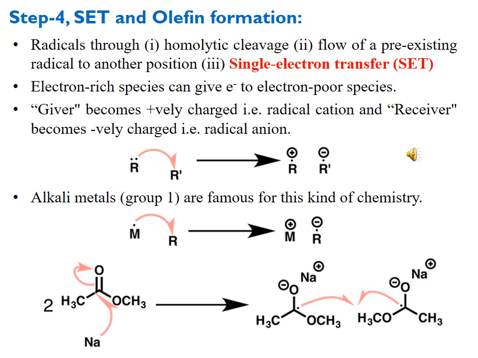Here you can see the example: R and R prime are combined in such a way that one electron is moved from R to R prime, and R gets a radical and positive charge, and R prime gets a radical with negative charge. So these are called radical cation and radical anion.